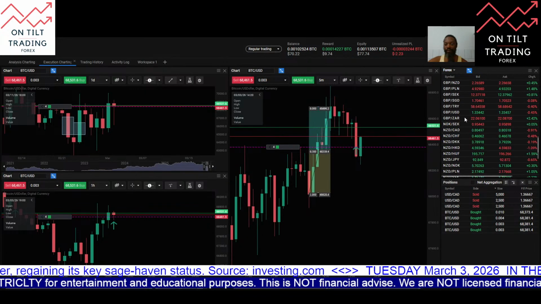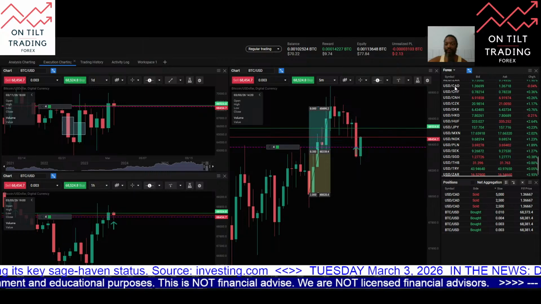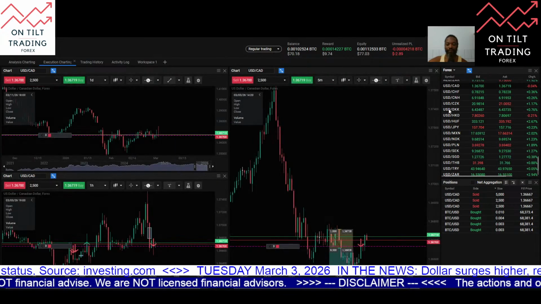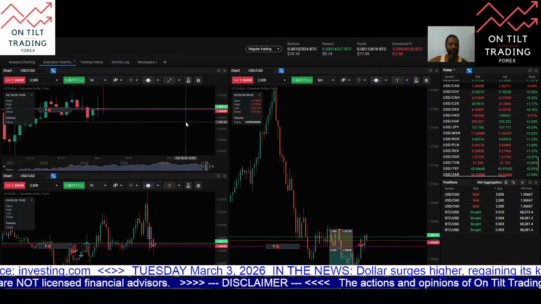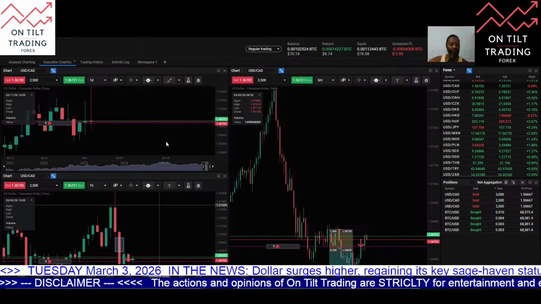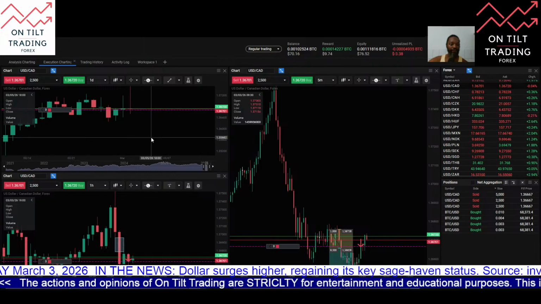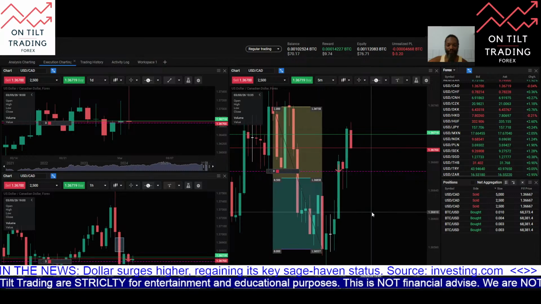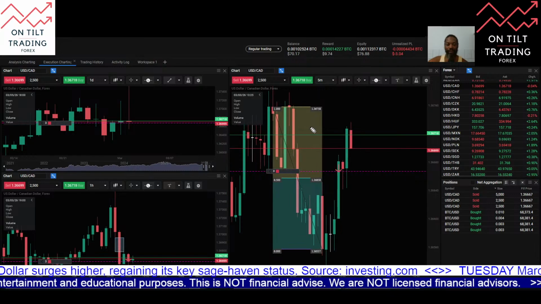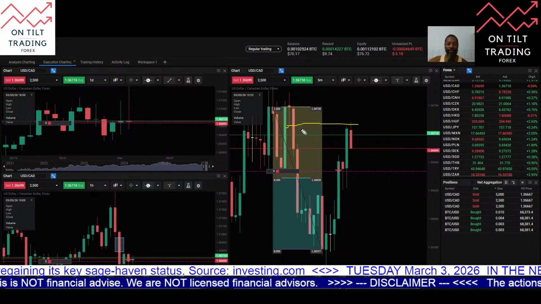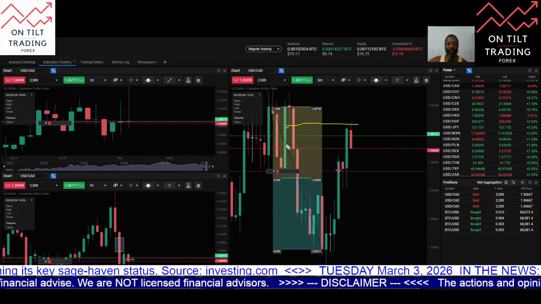Head over to Forex, dollar CAD. See dollar CAD starting to show a return to sell side delivery here. Seeing dollar CAD reaching the rebalance point here of this upper fair value gap.